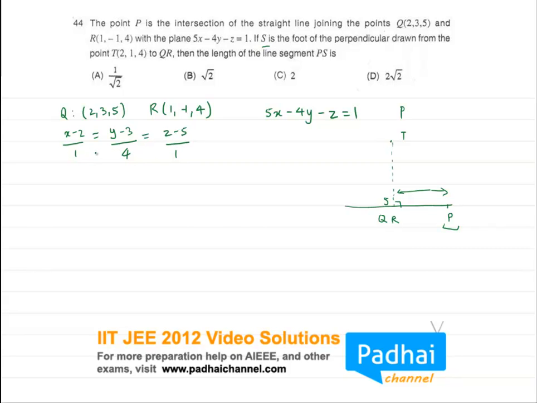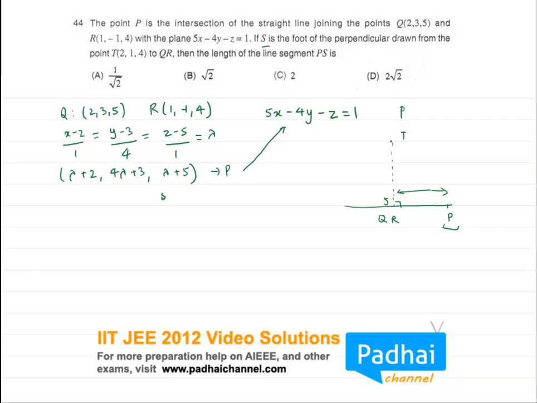You must have done this even in CBSE. Assuming this to be equal to lambda, any point on this line would be (lambda + 2, 4 lambda + 3, lambda + 5). If I assume this to be point P, and P also lies on the plane, then this point in terms of lambda should satisfy the equation of the plane.